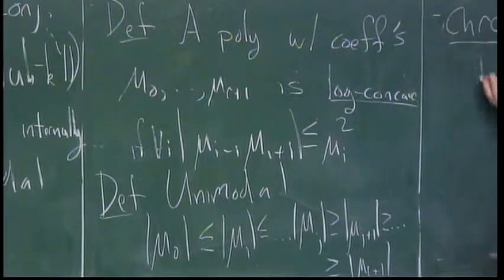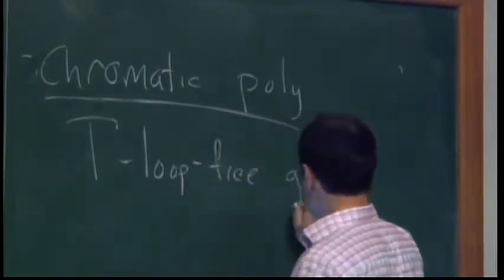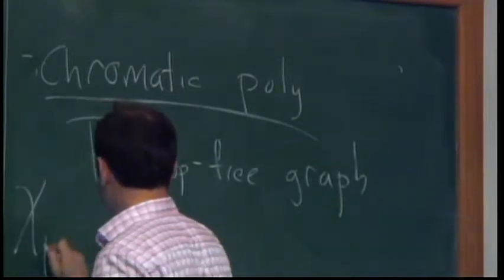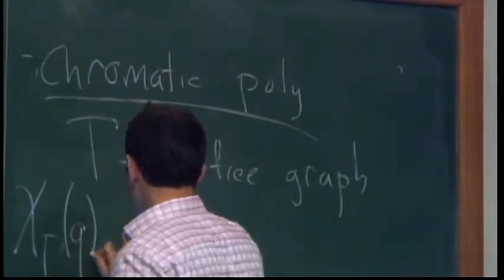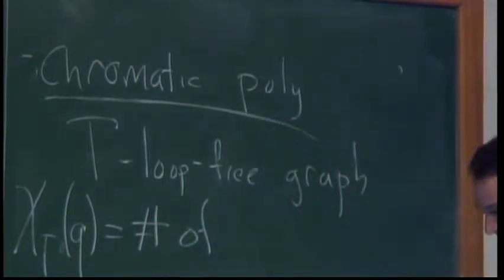So if gamma is a loop-free graph, we can define the chromatic function to be the number of proper colorings with Q colors.